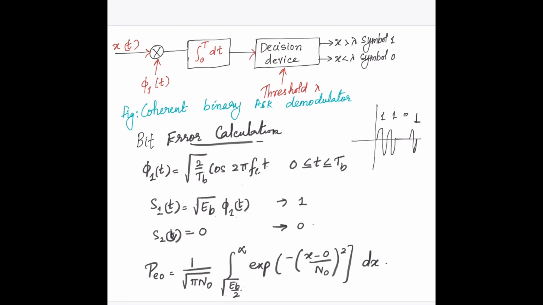Here x is the observed vector and the mean mu is equivalent to 0, because the average value for symbol 0 transmission is 0. The variance, denoted sigma square, is equivalent to N0 by 2, assuming additive white Gaussian noise with power spectral density N0 by 2.